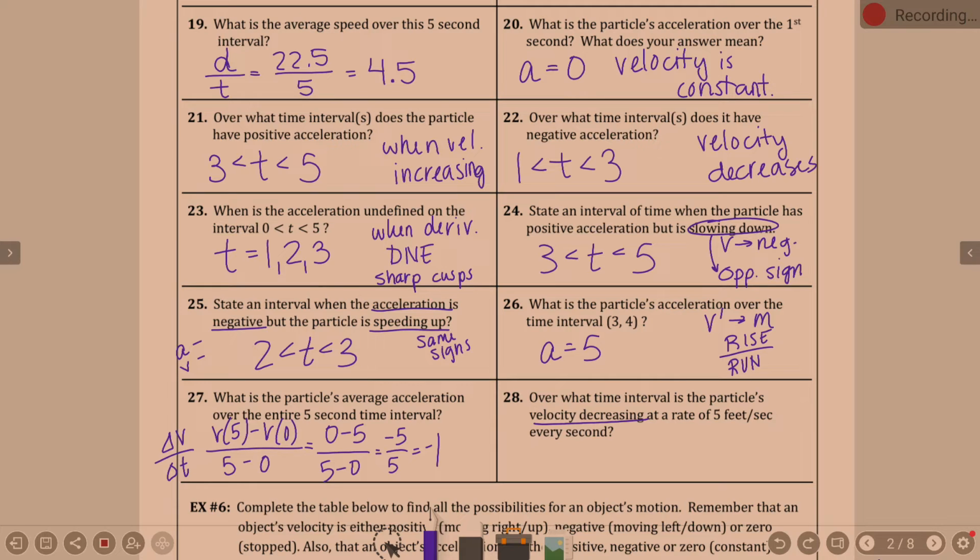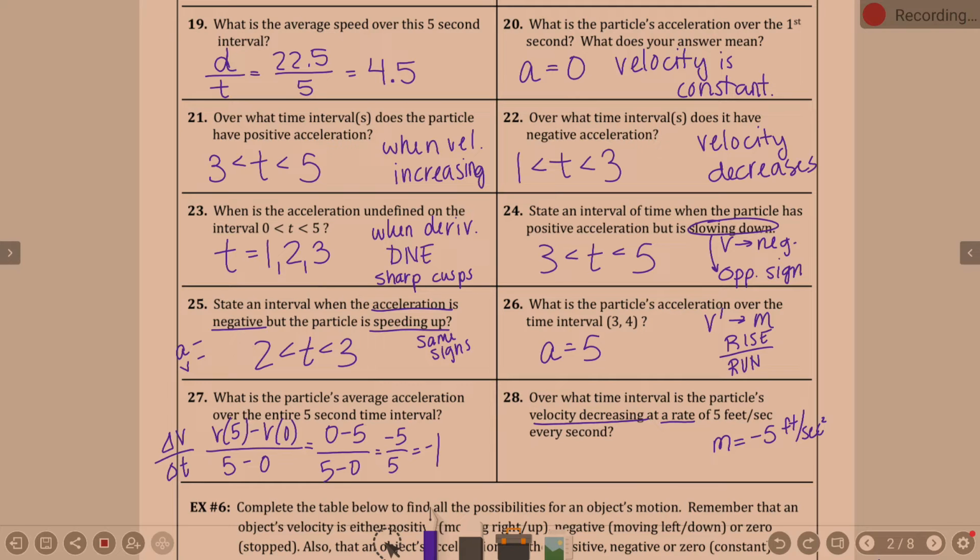Velocity is decreasing at a rate of 5 feet per second every second. Is it where the slope is? Yep. We're looking for where the slope is -5. And notice it says 5 feet per second every second. That's the same as saying 5 feet per second squared, and I'd much rather say feet per second squared than per second every second.